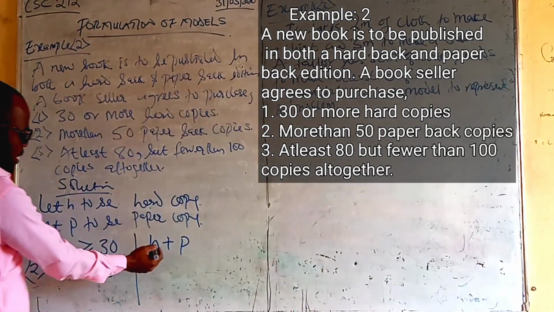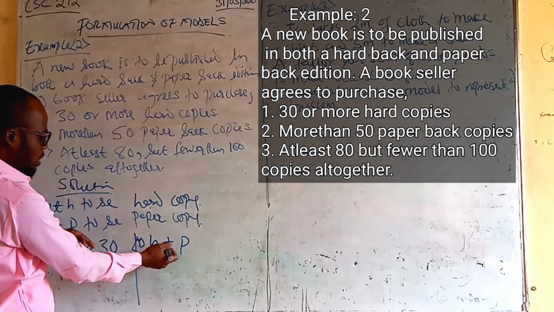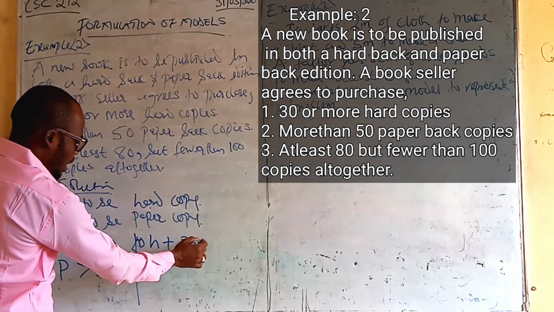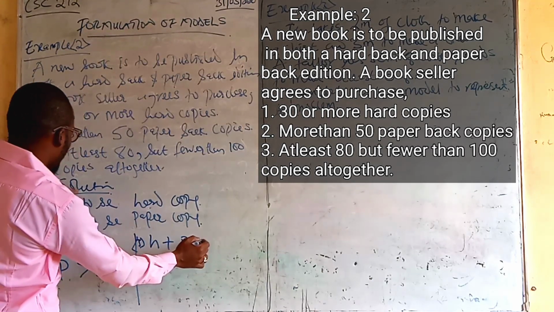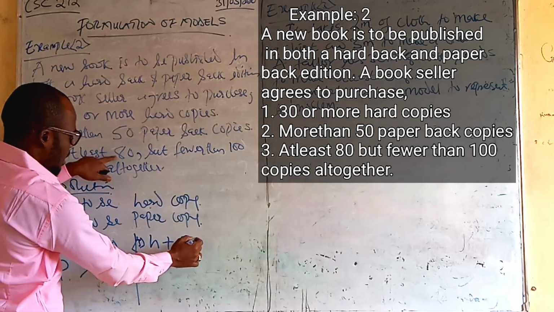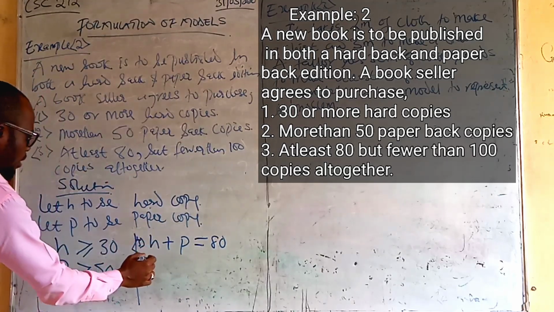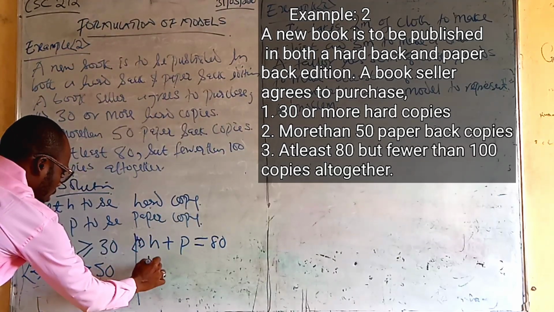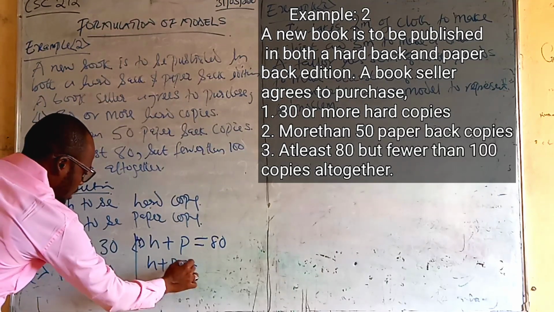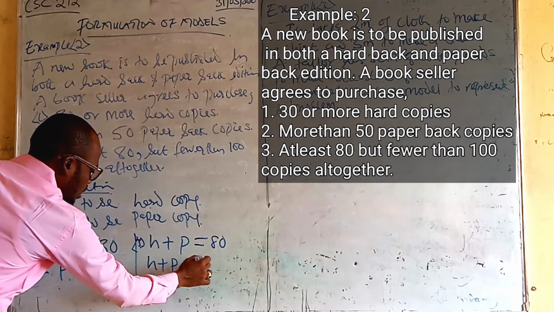So therefore, here in number three, we are going to say that hard copy plus paper copy will be equal to at least 80. Then either we say that it is equal to 80, or we say that hard copy plus paper copy is less than or equal to 80.